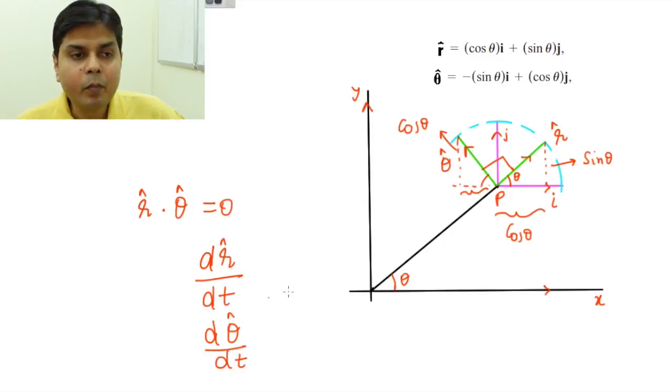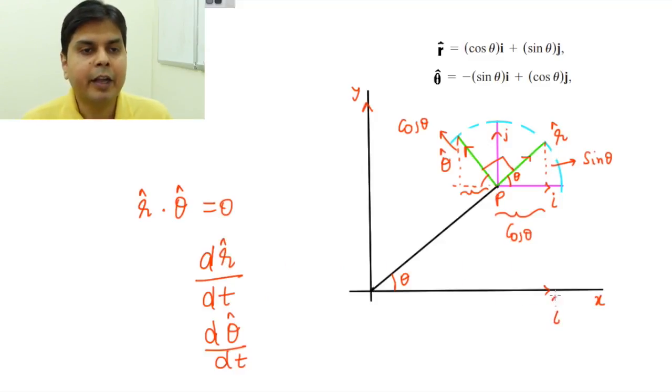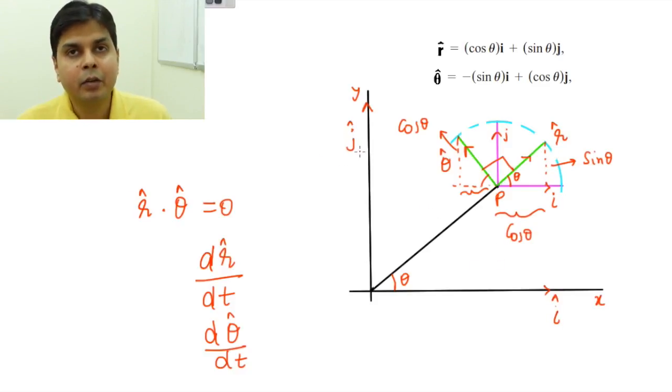Another thing you can ask is, why do you need this? When we were writing my position vector in terms of i and j, we were not worried about what di by dt and dj by dt are. Of course we were not worried, because these are constant vectors. i and j are constant vectors because their direction is constant.